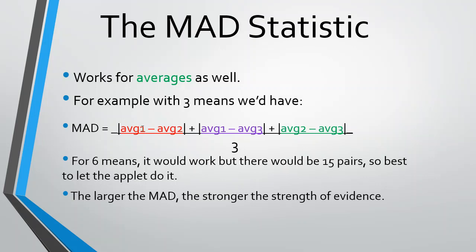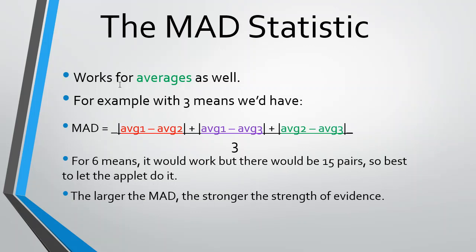So you find the average of the absolute values of the differences. But if you had 6 different means, there would be a whole bunch of these to do. You'd have 15 pairs, so you'd want the applet to do it for you. But the general rule is the bigger these differences are, the bigger this MAD statistic will be, and therefore the stronger the evidence that one of the true means is different.